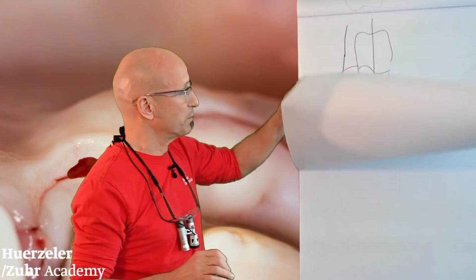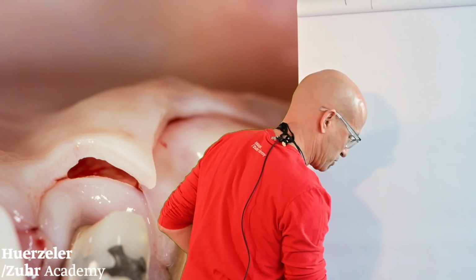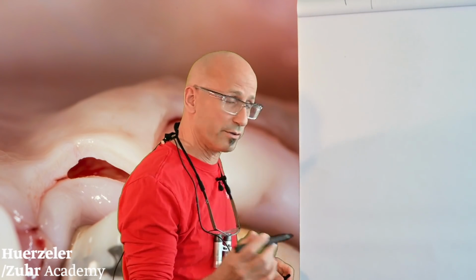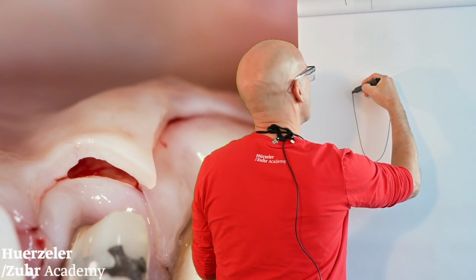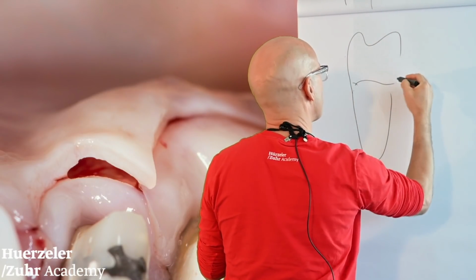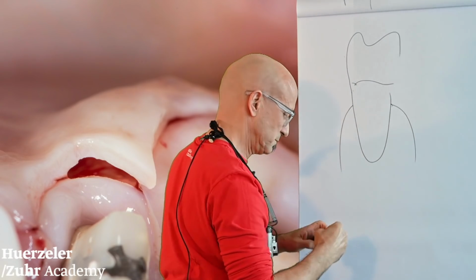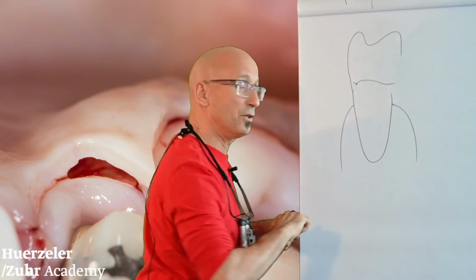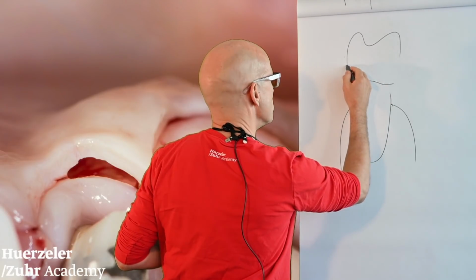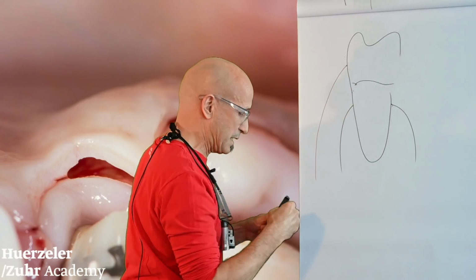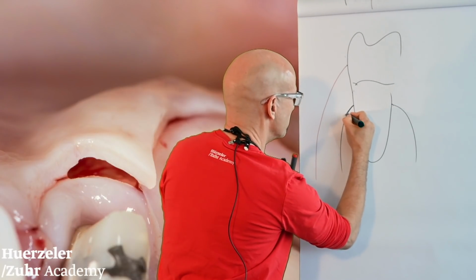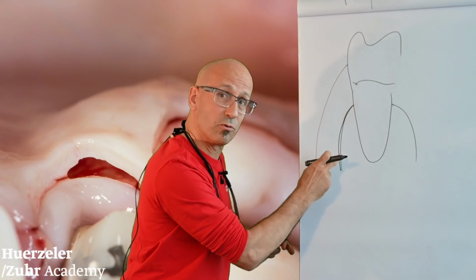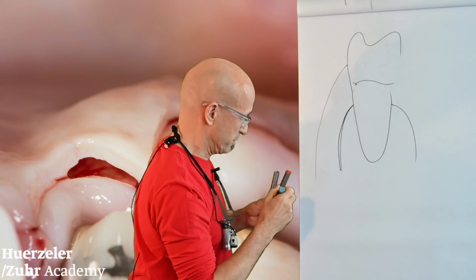So when we come to the periodontium, we have originally 3 different options to cut into the periodontium. Again, always remember, green is the periodontium.